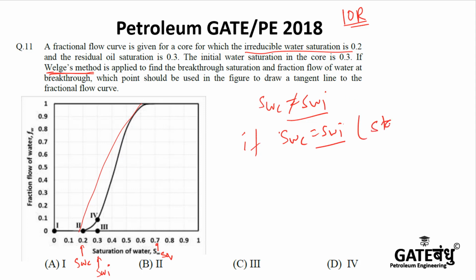If SWC is equal to SWI, you start a tangent from SWC or SWI.